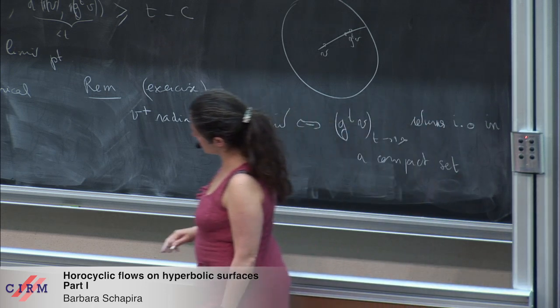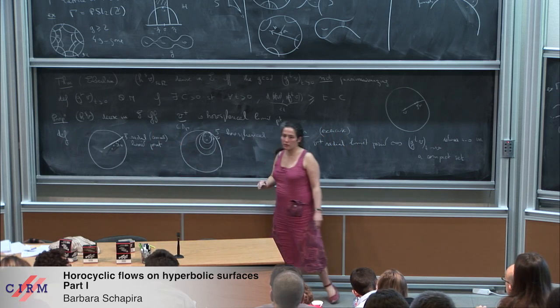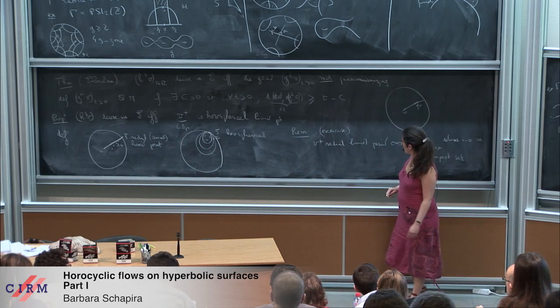And you see certainly on the picture that being a radial limit point is stronger than being a horospherical limit point.